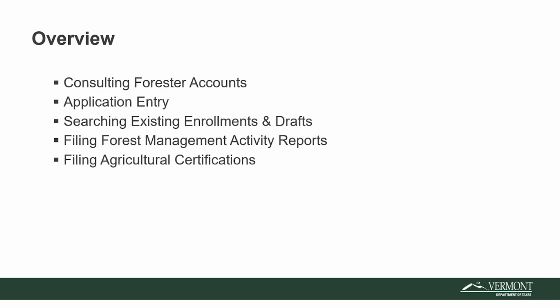We're going to look at the search function on the consulting forester home screen, which allows you to look at the most previous application for any enrollment in the state. And it also allows you to access drafts, pending applications, and approved applications that you as the user have submitted.